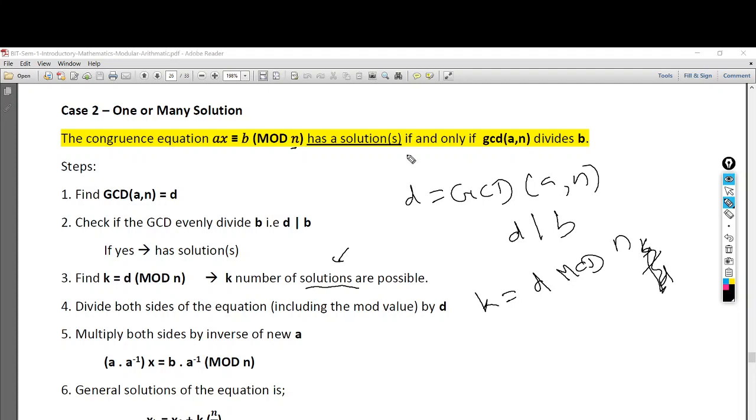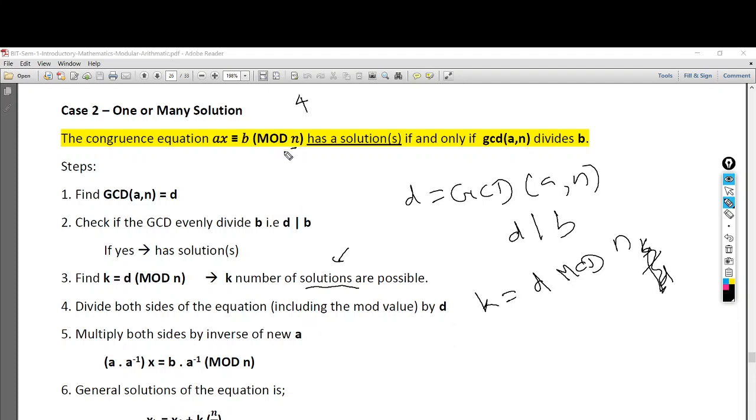Now you can see that if you are working mod 4, the maximum number of solutions is going to be 3, because when you have mod 4, the value is either 0, 1, 2, or 3.